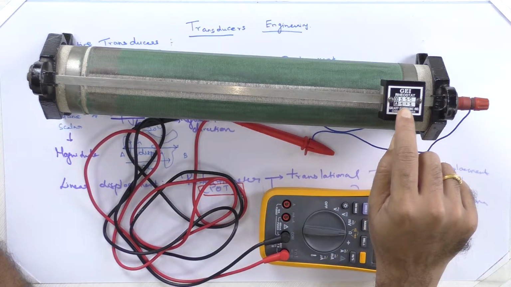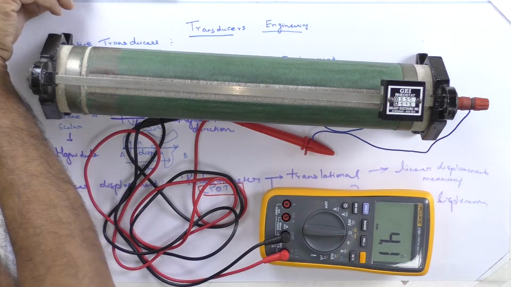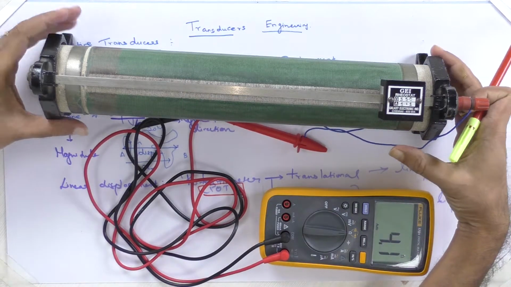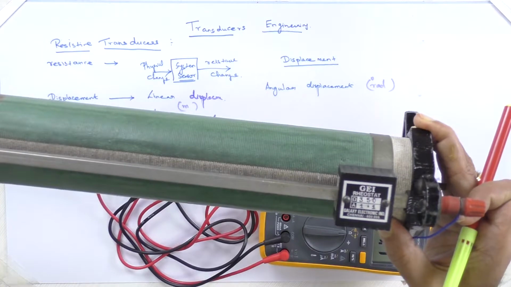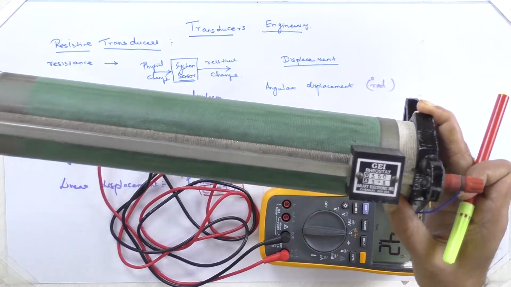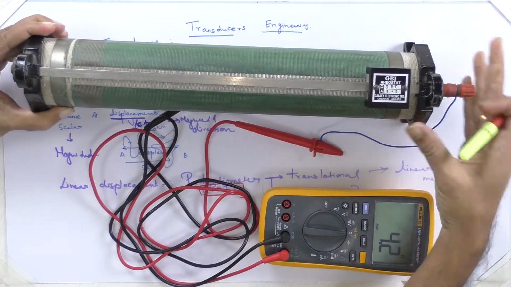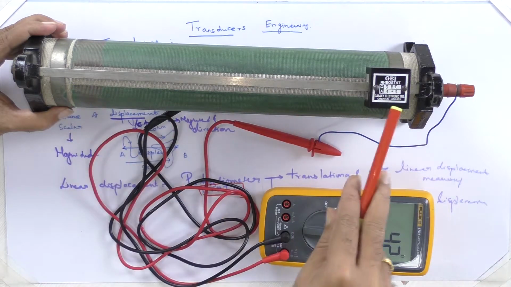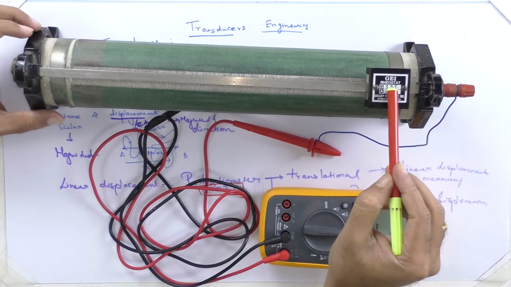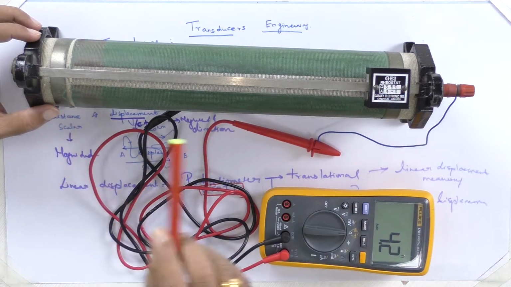I am lifting it to a higher level. It is written over there, 350 is the maximum resistance of this rheostat.